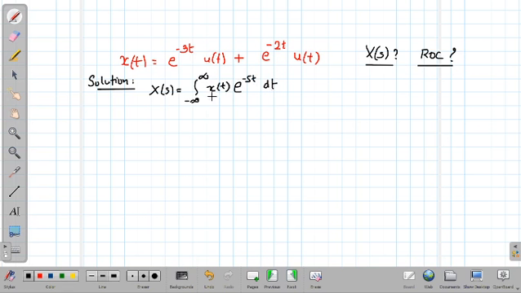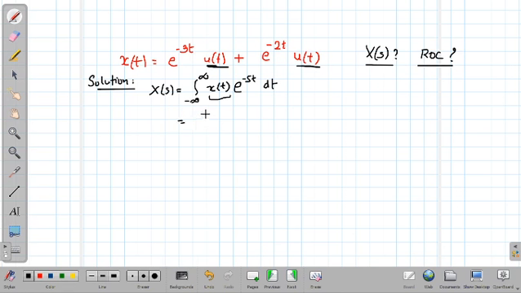Now what is x of t here? It is e raised to minus 3t u of t plus e raised to minus 2t u of t. We can split the integral since there are two terms, and in both terms we have u of t. Since we have u of t, we can just take it from 0 to infinity, no need to consider from minus infinity to infinity.